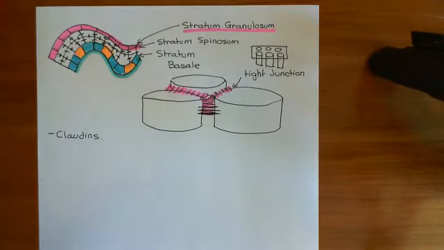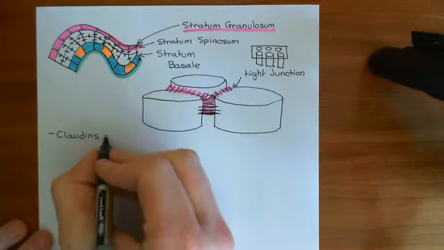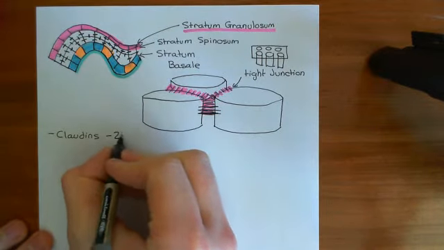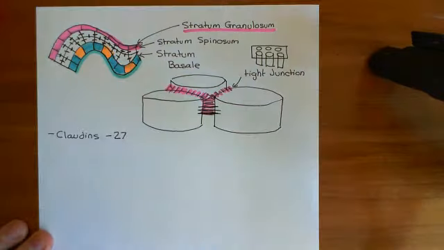Now, you have tight junctions in many other places in the body, not just the skin. That's an important comment to bear in mind when I tell you how many different claudin proteins we have found in humans. There are 27 known claudin proteins in humans.